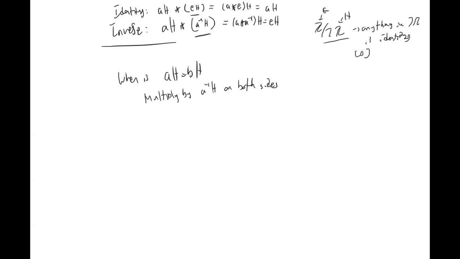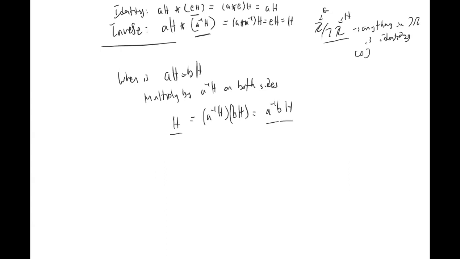From here, we know what we get. On the left side, we get H, right? On the other side, I have A inverse BH. And this is, by definition, this, right? I just didn't write all the stars because it'll look really ugly. So it's when this is true, right? Now, what does that mean?